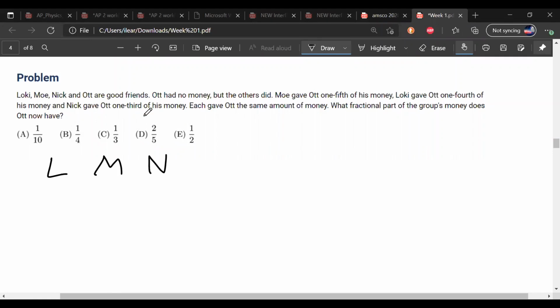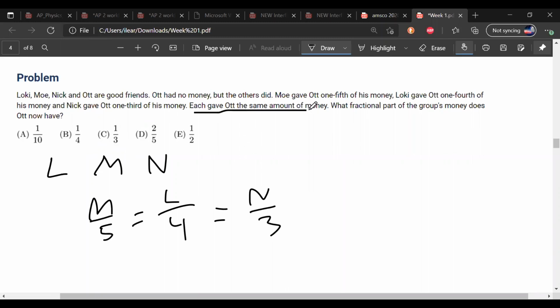Mo gave Ott 1/5 of his money, so M over 5. That's the amount of money Mo gives. Loki gives Ott 1/4 of his money, L over 4, which is equal to Nick giving Ott 1/3 of his money, N over 3. They're all equal. It says so right here.